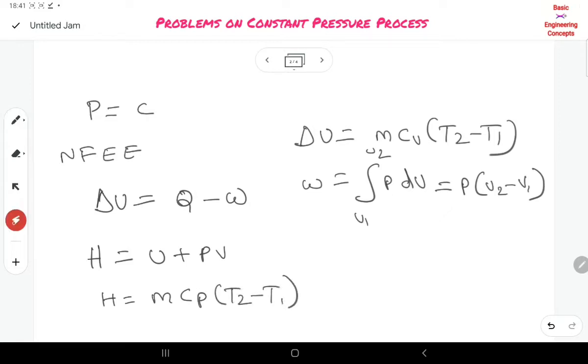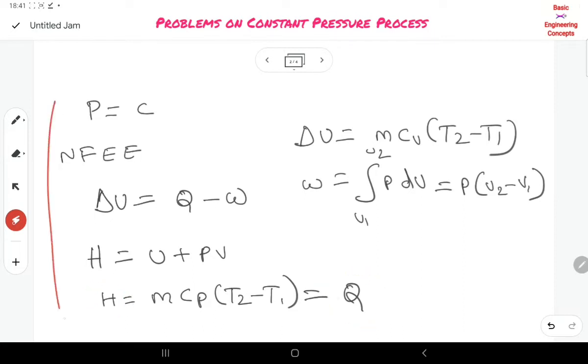It is already known that m Cp (T2 minus T1) is the heat transfer, that is Q. So here we can obtain that in a constant pressure process, the change in enthalpy is equal to the heat transfer.